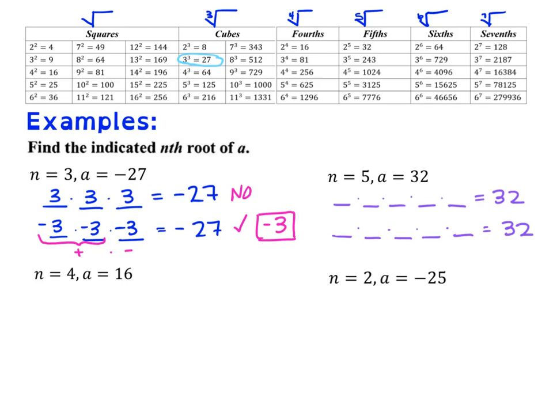I look at my fifths column, and to get 32 it must have been 2 to the fifth power. So is 2 times 2 times 2 times 2 times 2 32? Is negative 2 times negative 2 times negative 2 times negative 2 times negative 2 32?